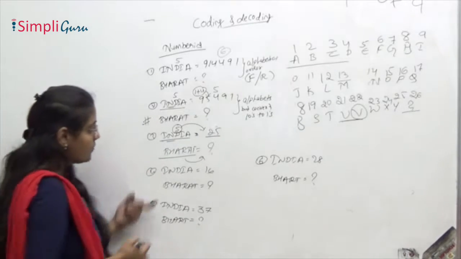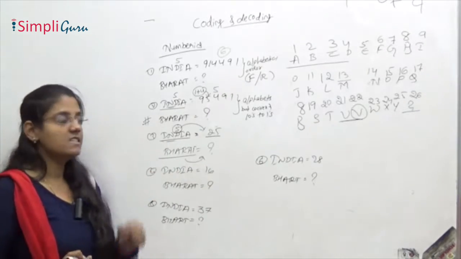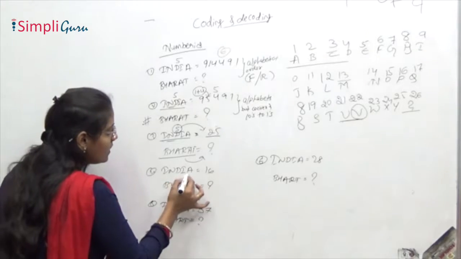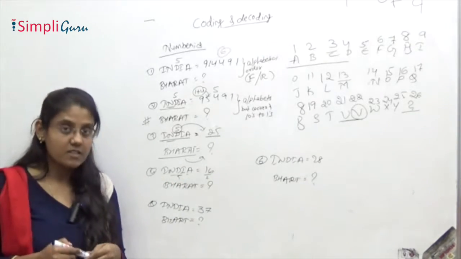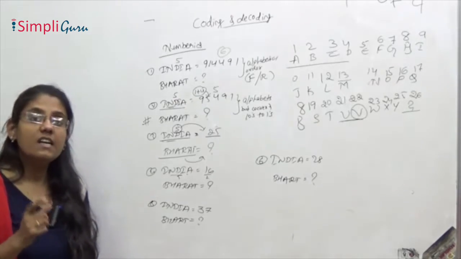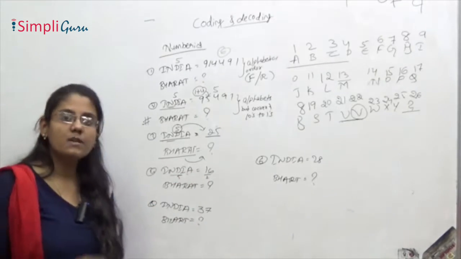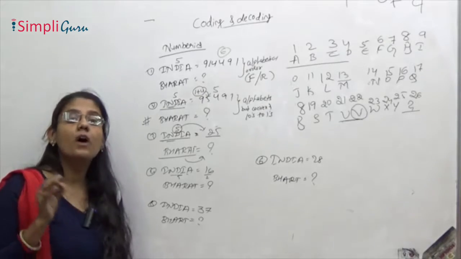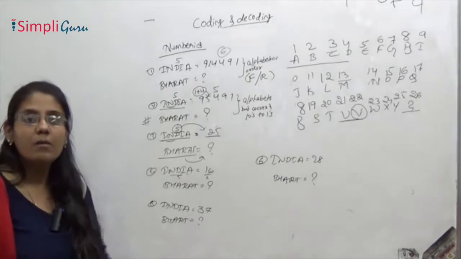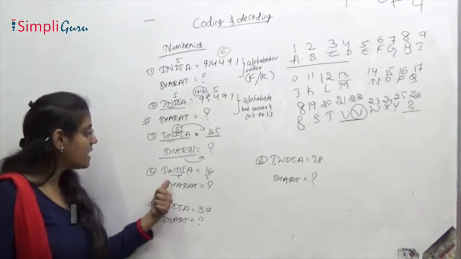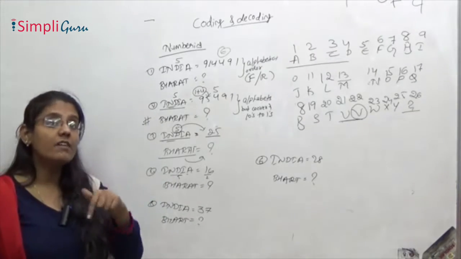Now come to the next step. See, for India, I will write 16. Again, there are 5 alphabets and 2 digits. First we have to check whether the given number is a perfect square or a perfect cube. Yes, it is a perfect square of 4. But check the left hand side: I don't have 4 alphabets, I have 5.